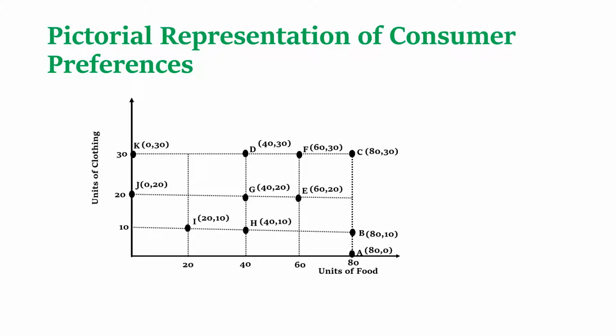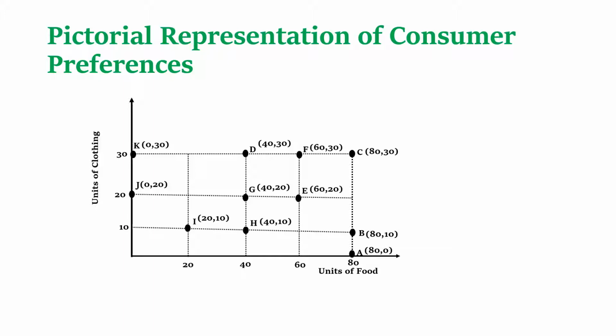But let's also look at the case of B. At point B, it consumed the same amount of food, but 10 units of clothing.